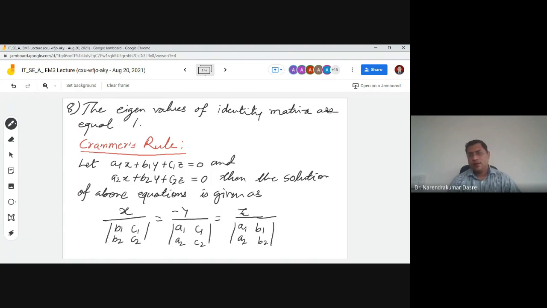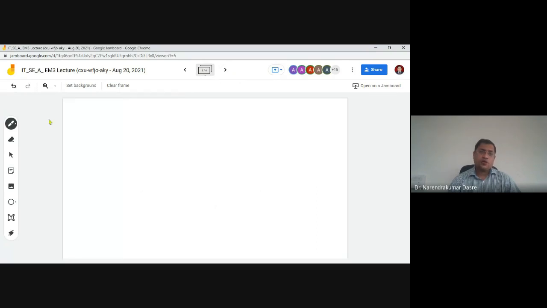But the most important thing that we need to understand while using Cramer's rule is that these two equations must be different, must be distinct. If these two equations are distinct, then only are we able to use Cramer's rule. So for example, I'll write two systems.